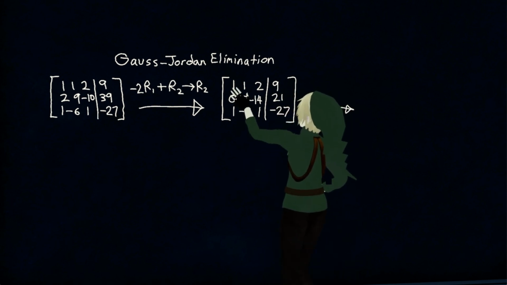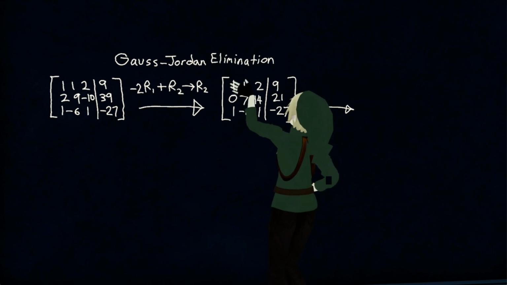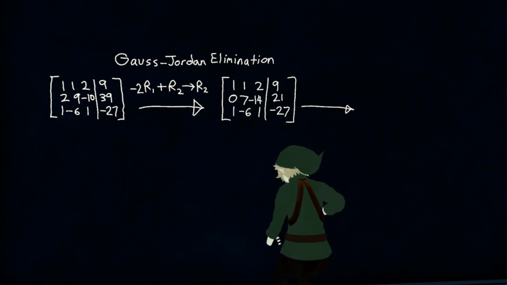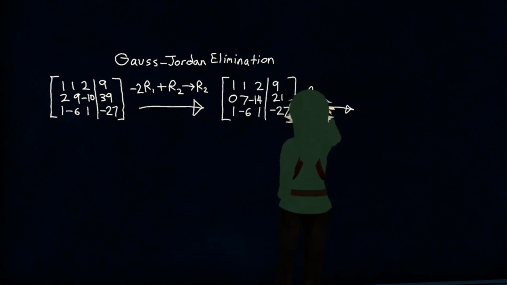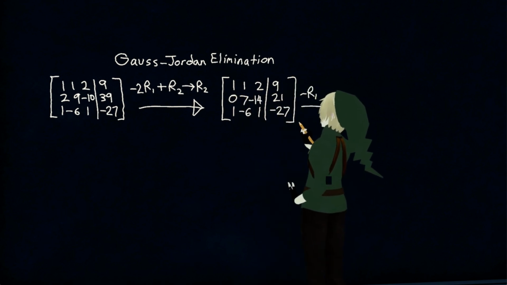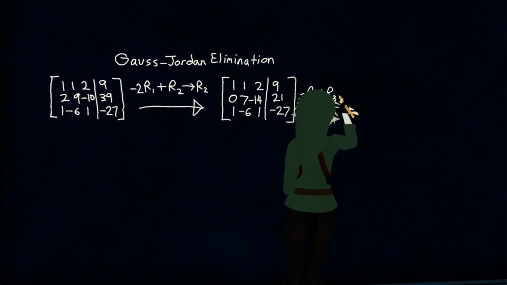I'm going to use my third action again. I'm going to have this. I think I did negative row 1. I did do negative row 1. So, I'm going to multiply negative 1 to this first equation and add it to the third row.